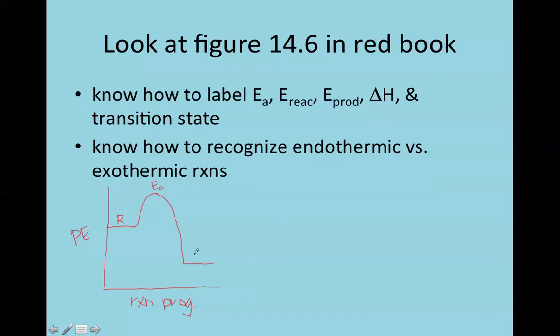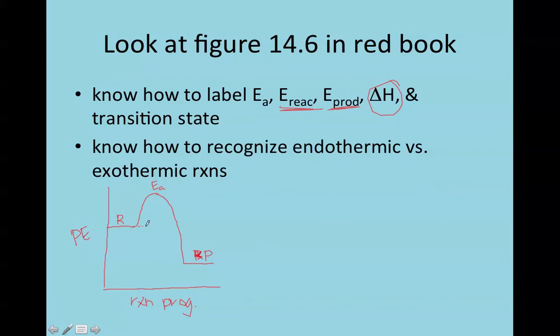And say the energy of the products is down here. Sorry, I didn't mean to put a P. So there's your products. Now, a couple of things that you can get from this graph. First of all, this is the energy level of the reactants, right here. The energy of the products, that's right down here. Delta H, that's the change in energy of the reaction.